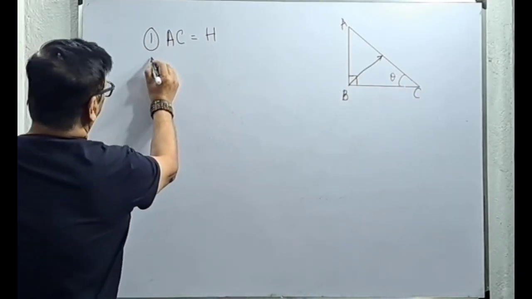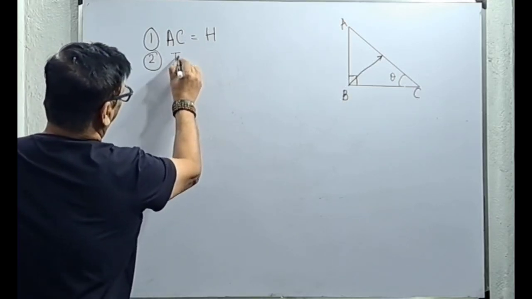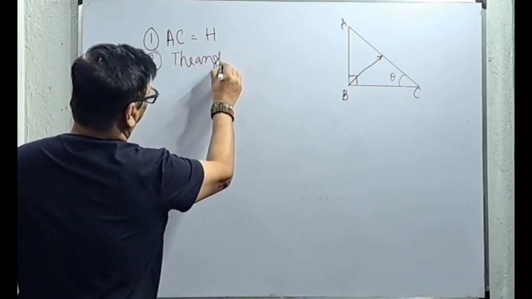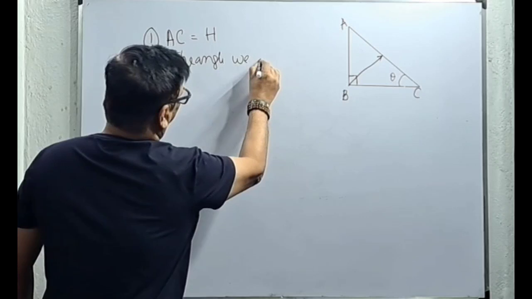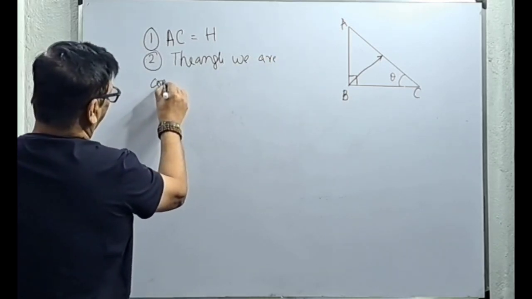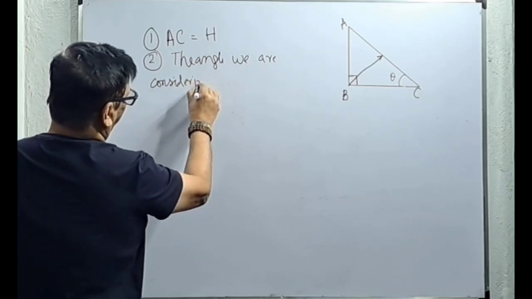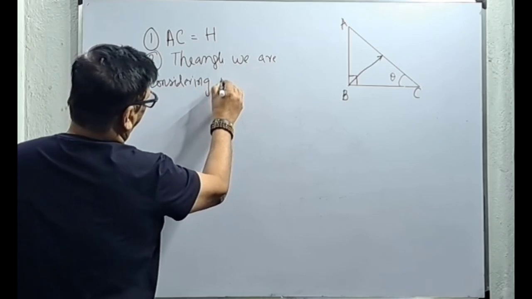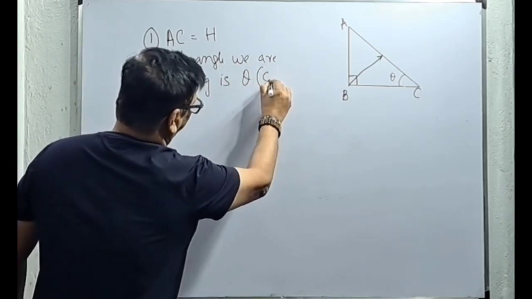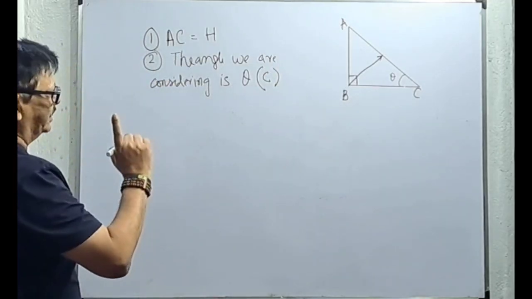So in that case, the angle we are considering is theta. We write it as C in bracket, right?